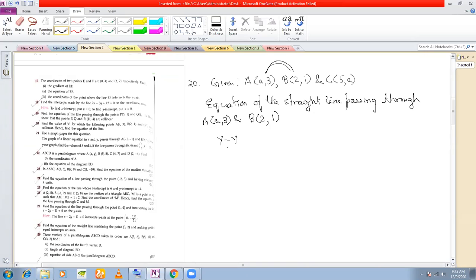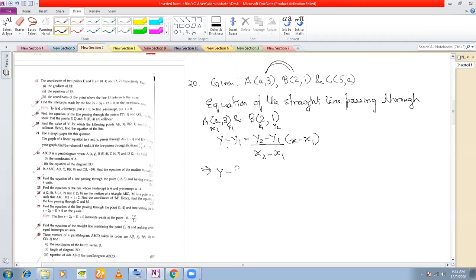y minus y1 is equal to y2 minus y1 by x2 minus x1 into x minus x1. So consider this as your x1, this as your y1, this as your x2, this as your y2.